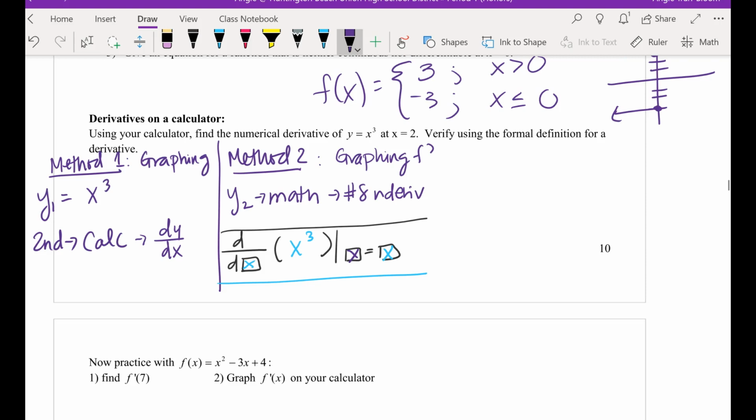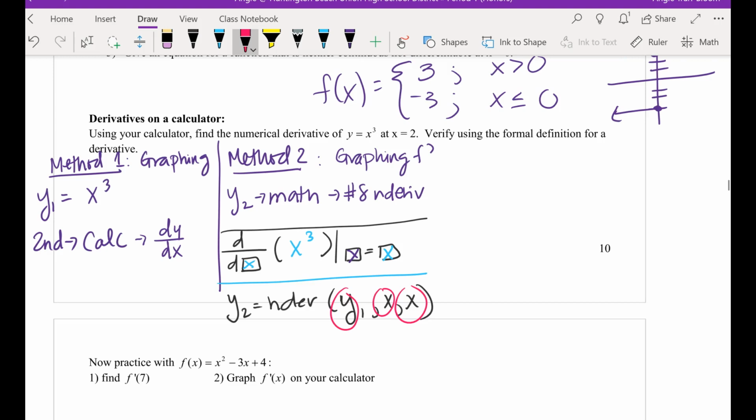When you hit Y2 on the older calculator, it will say nDeriv. Then recall Y1, X, comma, X. So you're still filling out three different spots, like this one, that one, that one. This is just graphing both at the same time. Are we okay with graphing both functions together?